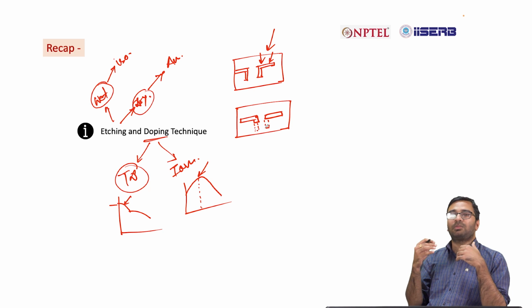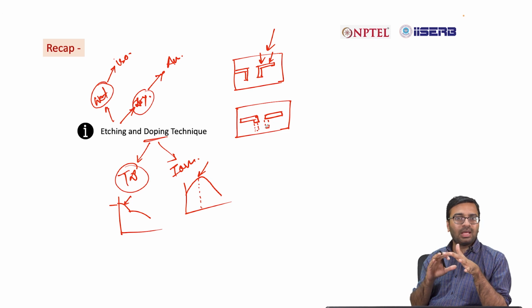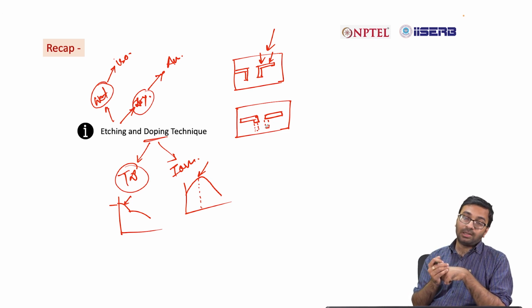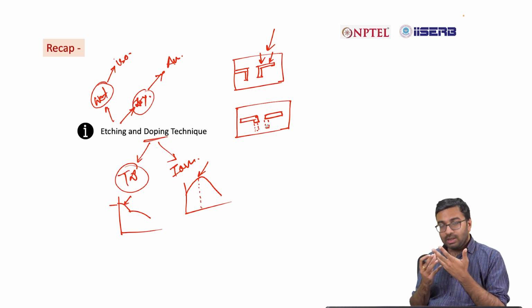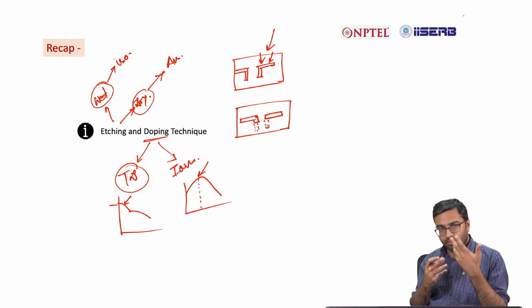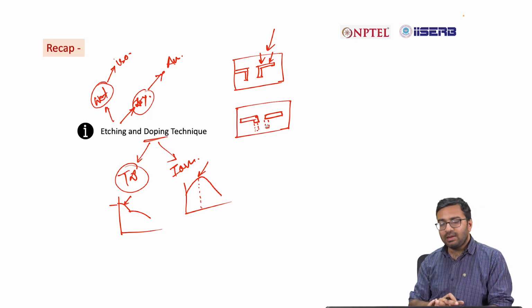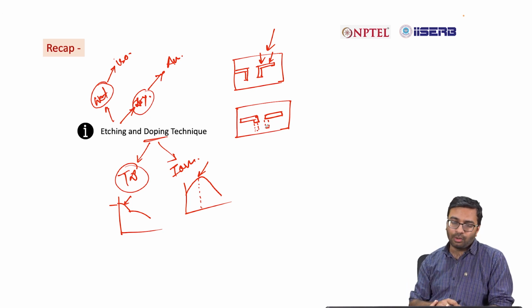Maybe the mask was not properly aligned, the deposition was not sufficient, the mask window was not sufficient, something happened and you could not achieve that. So to confirm that whatever I wanted, I got this shape of electrode or any other, say, active material, you need to image that device and then figure out whether it is okay or not.